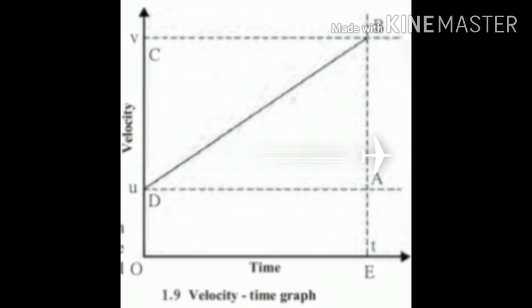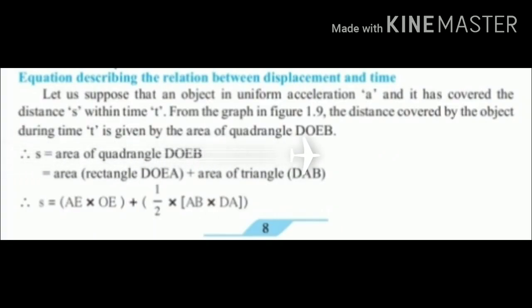The distance covered by the object during the time t is given by the area of quadrangle DOEB. Therefore, displacement s is equal to area of quadrangle DOEB. Therefore, s is equal to area of rectangle DOEA plus area of triangle DAB.